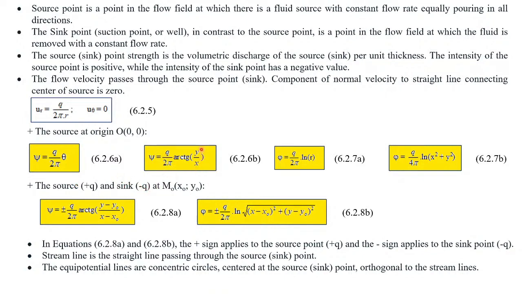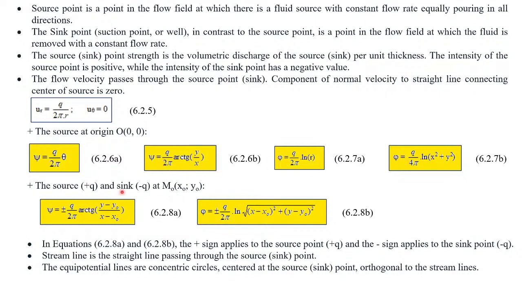And at any point M0, X0, Y0, that means the source or the sink is at this point, not at the origin. So you can use the method to move the coordinate system X, Y to the origin M0.